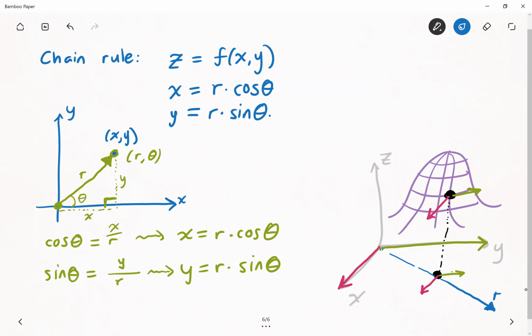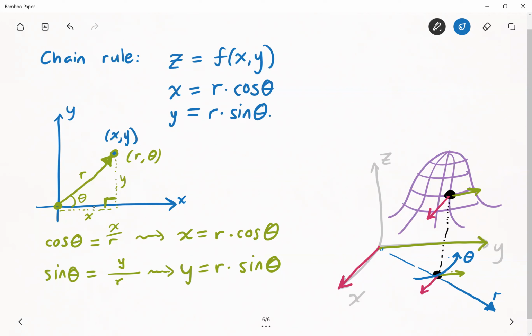You might want to ask yourself that. How quickly does the height of this function change as you move away from the origin? Or you might ask yourself, as that angle changes, right, this angle theta, as you move around the origin, how quickly does your function change? Right, so as you move in this direction, as theta changes, how quickly does your function change?